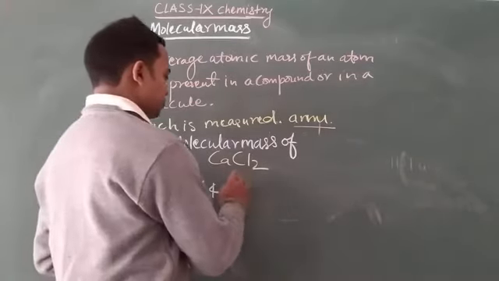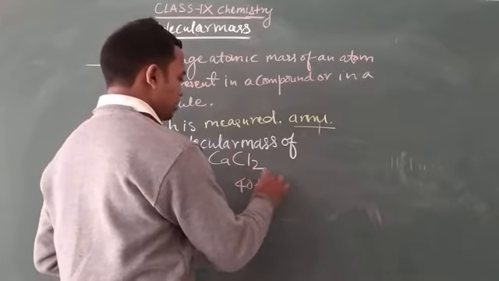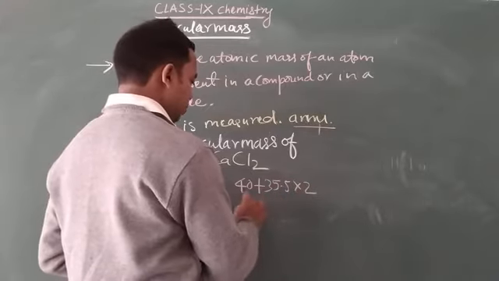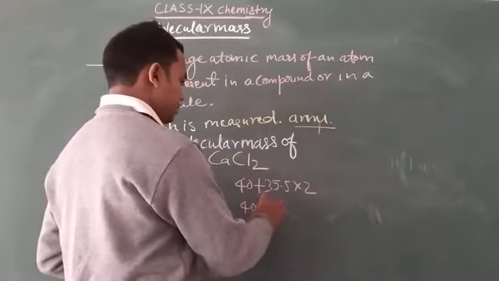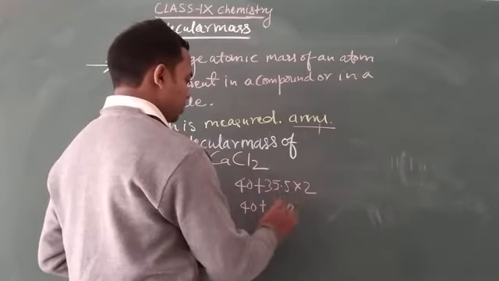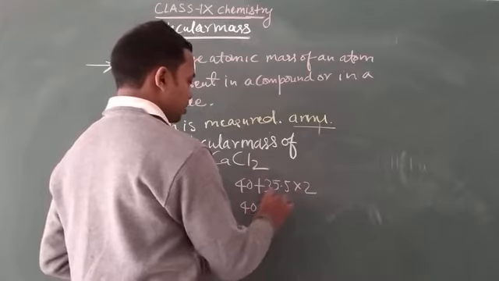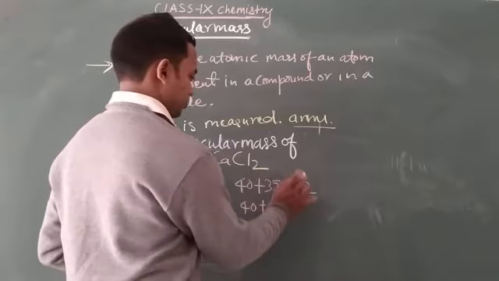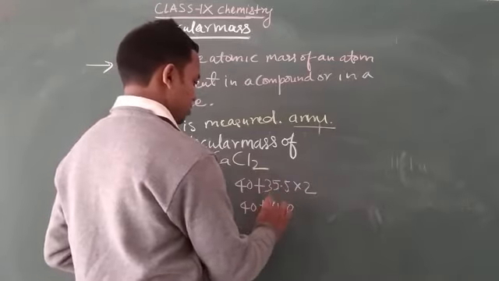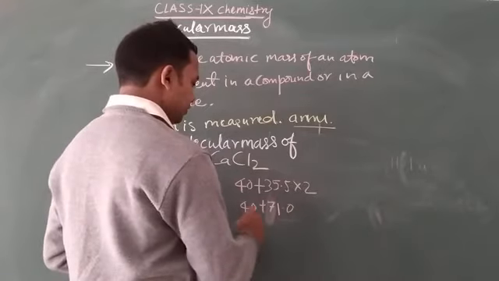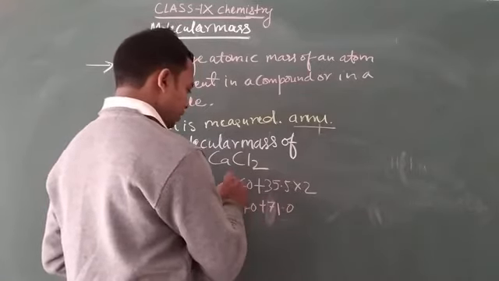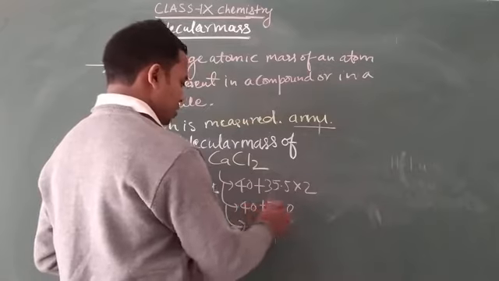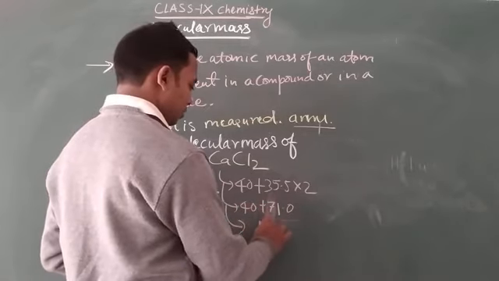And the atomic mass of calcium is 40, so 40 plus 35.5 into 2, then 40 plus 2 fives are 10, 2 fives are 10 plus 1 is 11, 2 threes are 6, 61, 6 plus 1, 71, and it will be added.